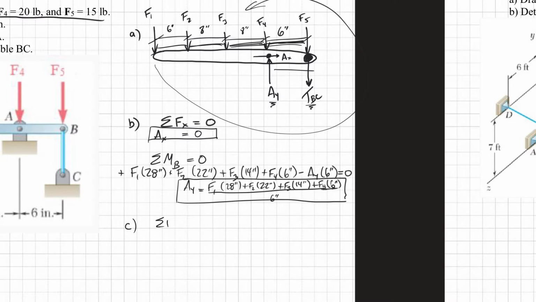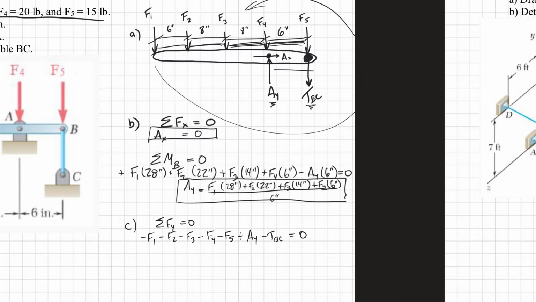So I could say the sum of the forces in the Y direction equals 0. Okay, and if I work that out, I've got F1 through F5, so those are all down. So negative F1 minus F2 minus F3 minus F4 minus F5. So those are all downwards. Plus AY minus TBC equals 0.